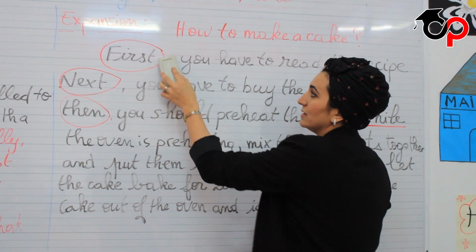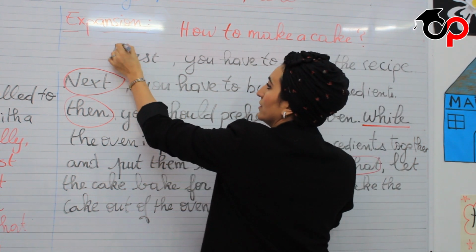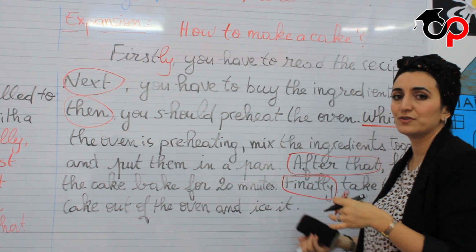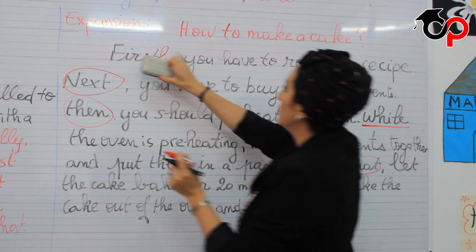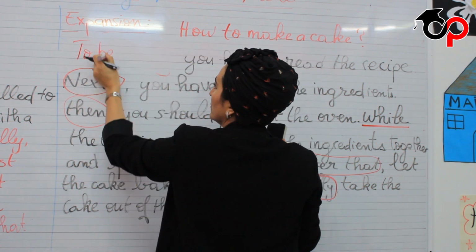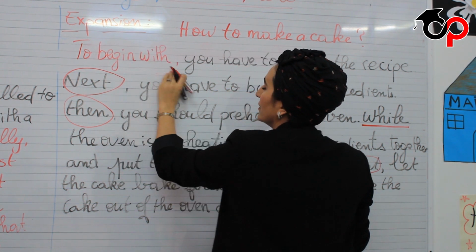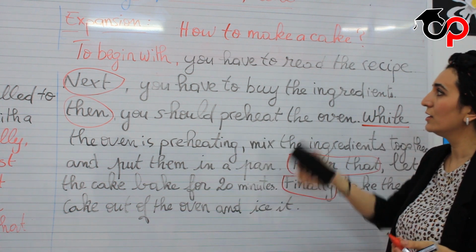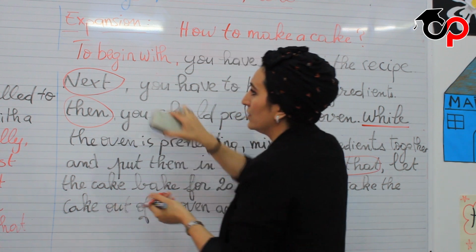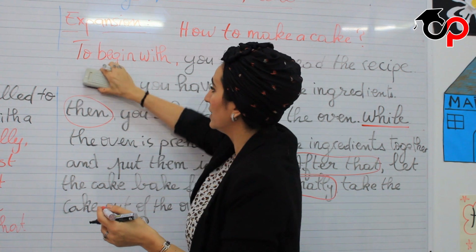Instead of saying first, you can just write firstly, okay? Firstly. Or I can write to begin with. See, you can say to begin with. You have to read the recipe. Then here, next. You can say secondly, or you can use then, okay? It's up to you.